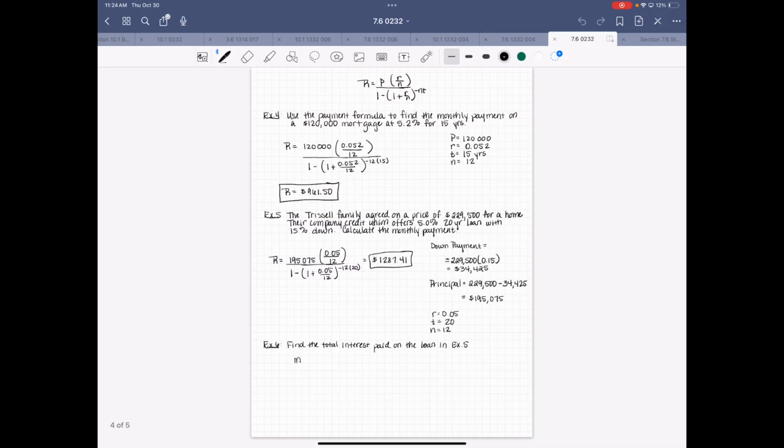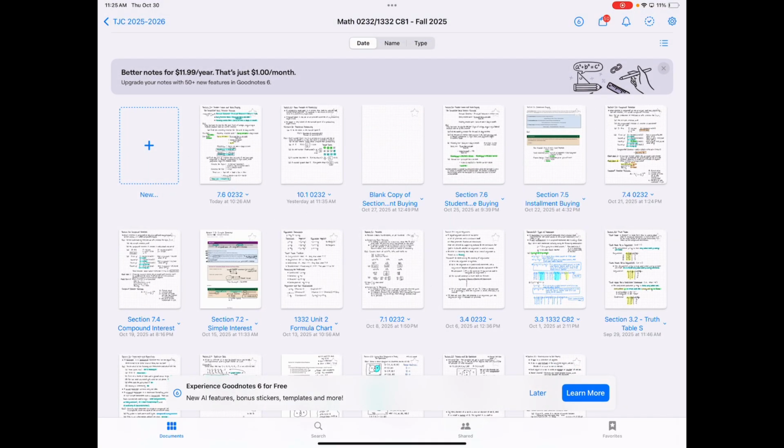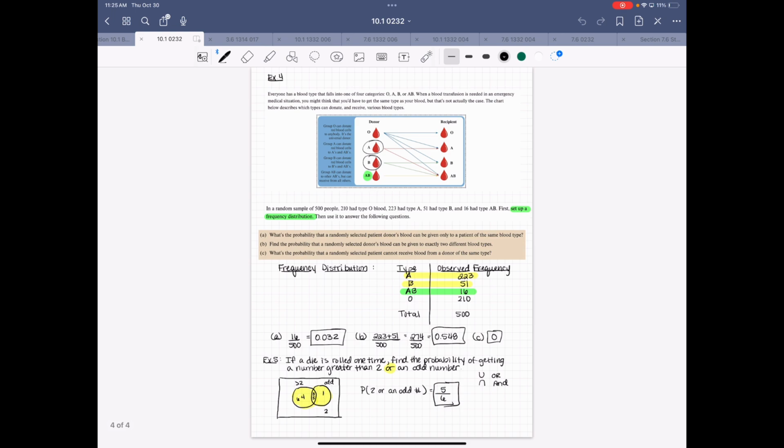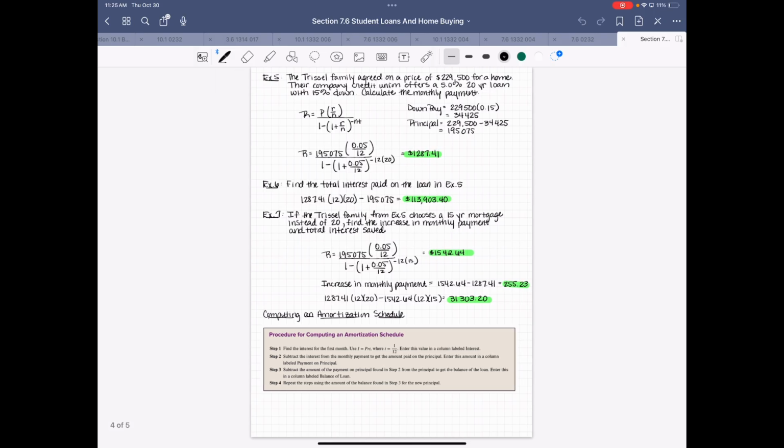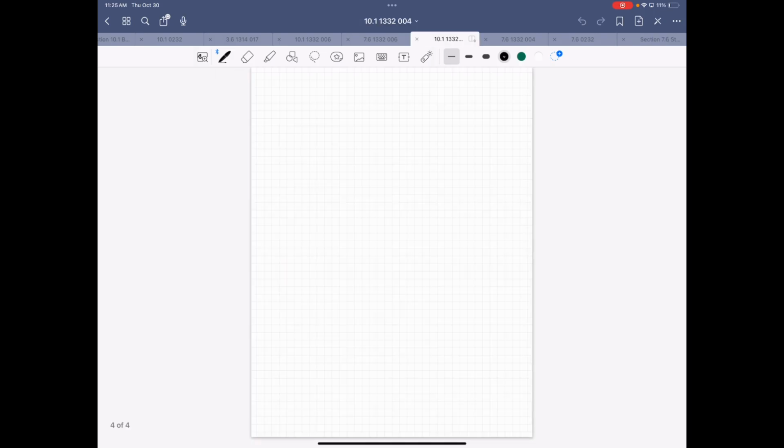Let me, that's not the right one. If I'm on, this is 10-1, right? Here we go. See, you didn't want to have to copy all this down. 10.1. Nope. I've lost you. Where did you go? There you went. Okay. Paste.